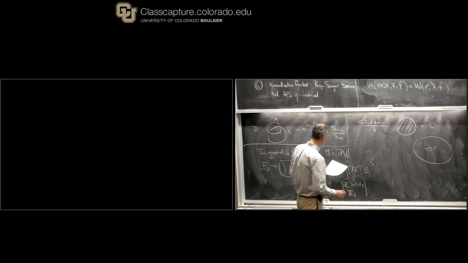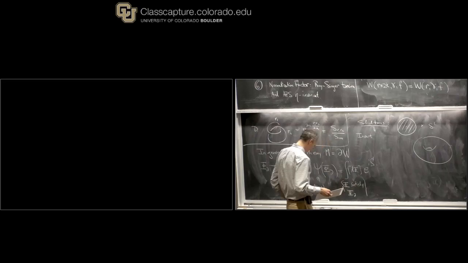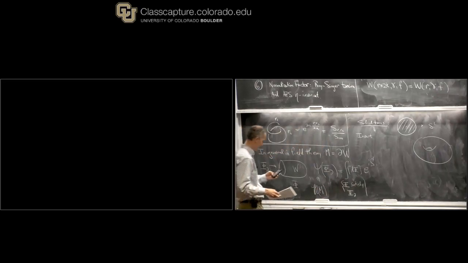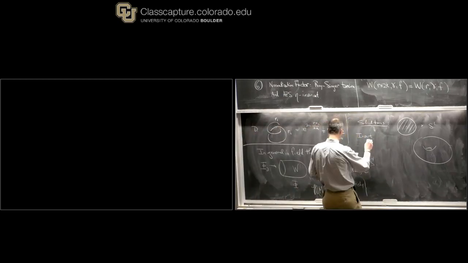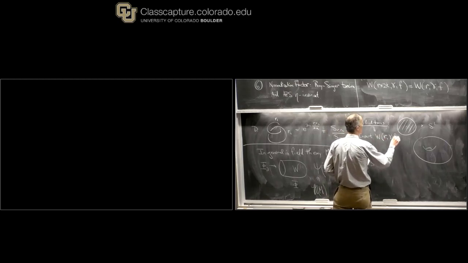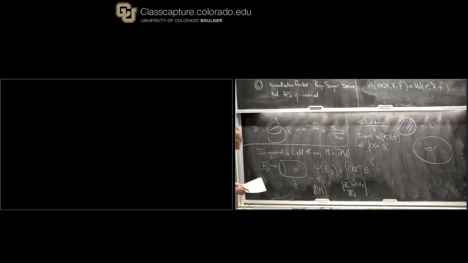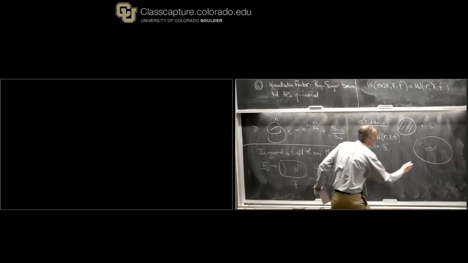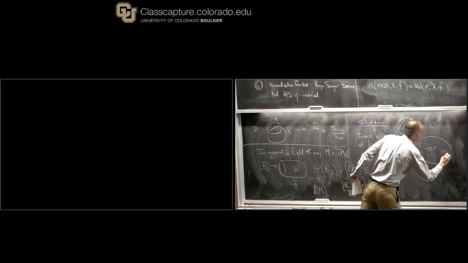And now what we're going to do is we'll insert a W of R gamma F at the origin times S1. Okay, so we're going to insert our Wilson line at the center of this solid torus like this.